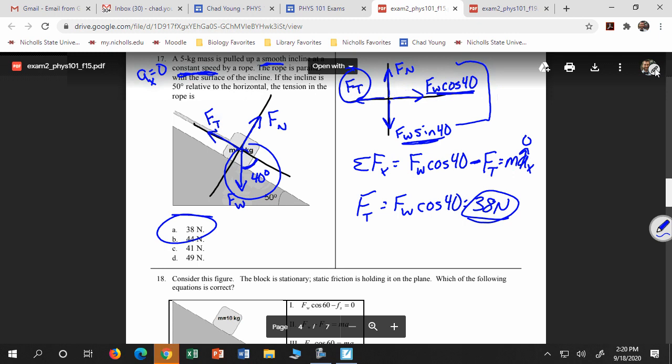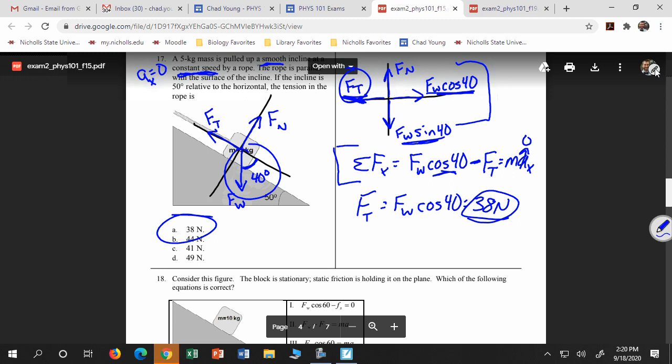And then when you come down, applying in step number 3, applying Newton's second law right here, that's how you know that I have a cosine 40, because I'm looking at the x-axis in order to find Ft. And I know that I have to use the sum of the forces on the x-axis, because Ft is on the x-axis. And that's what I'm looking for, Ft.